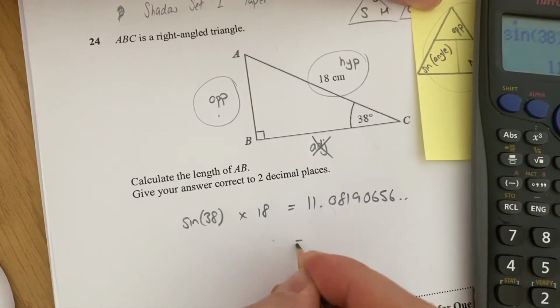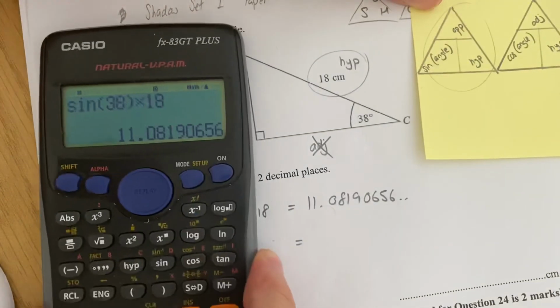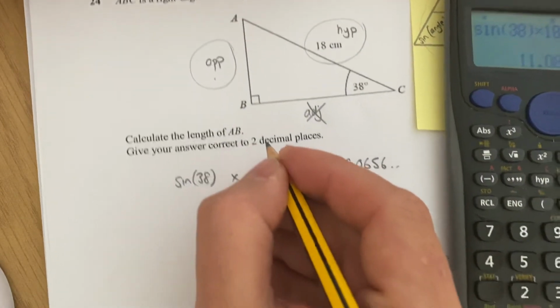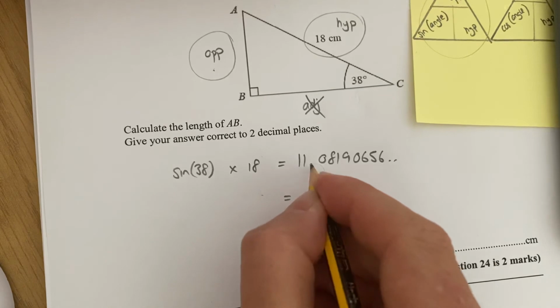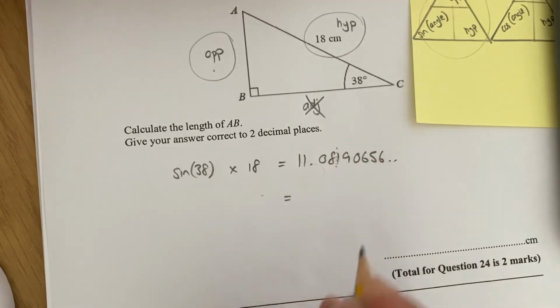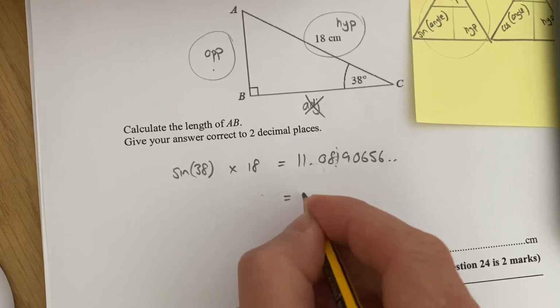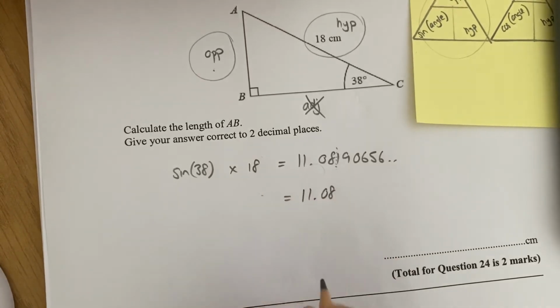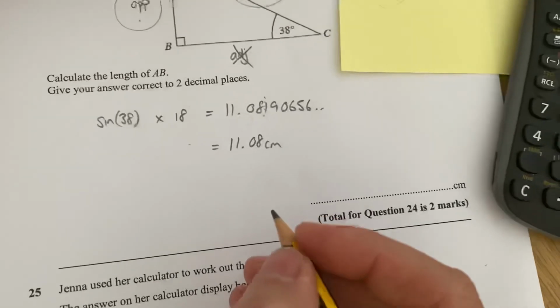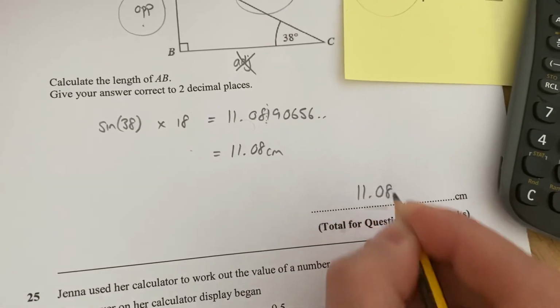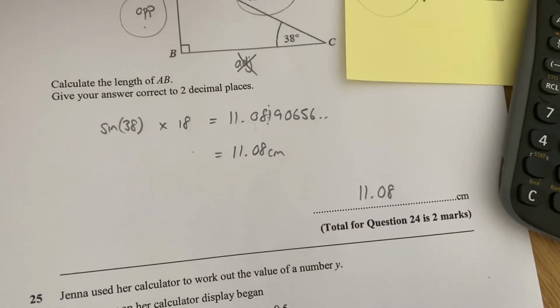However, let's guarantee we get the full marks, because it does say round it to 2 decimal places. I'll put my little dotted line in there. Is the next digit 5 or more? No, it isn't, so it stays the same. It's 11.08 centimetres. Done.